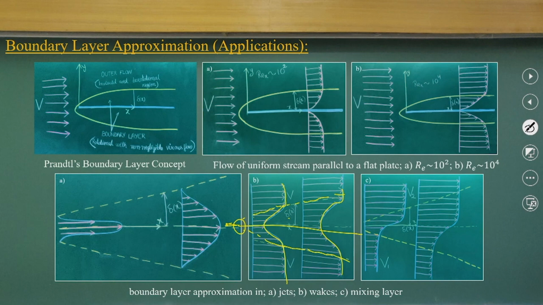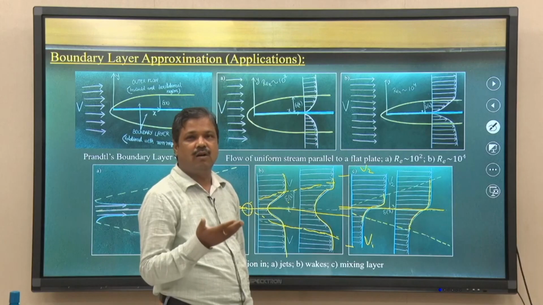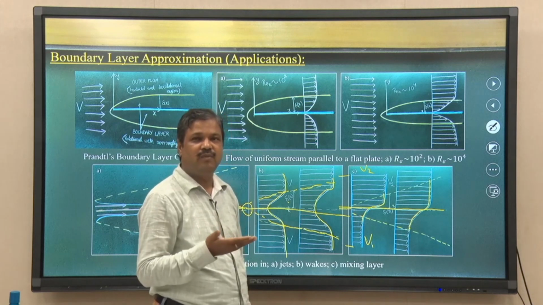Not only that, if two velocity fields are mixing, one moving with velocity v2 and another with velocity v1, and this is the interface layer, where v2 is greater than v1, you will have these symmetric distributions. This is also the same way we talk about the boundary layer on a flat plate.